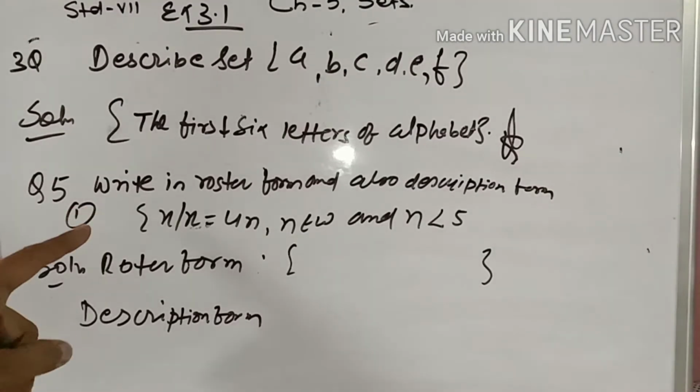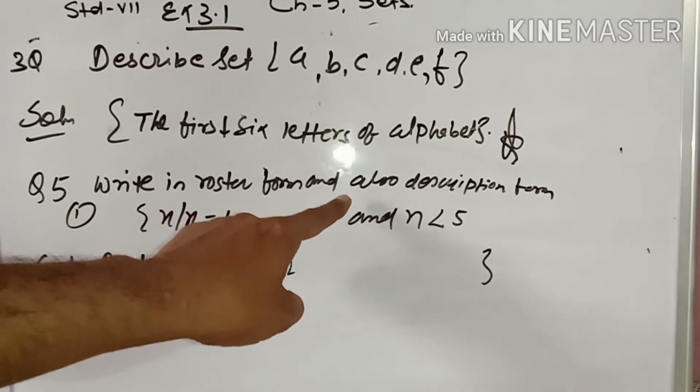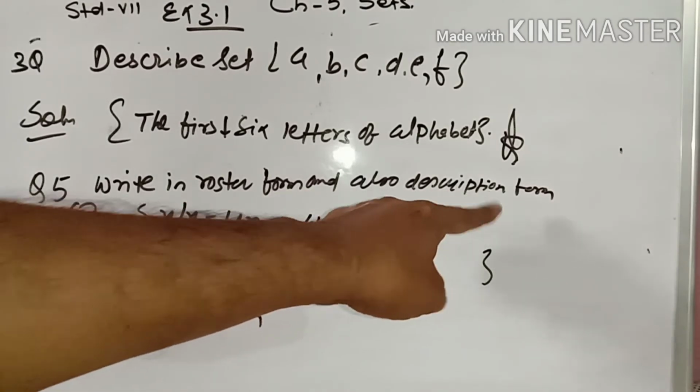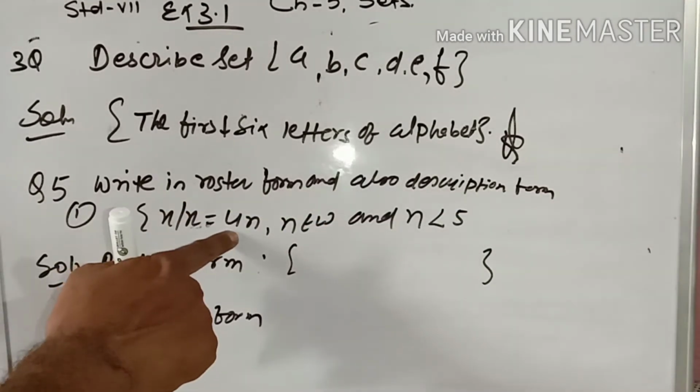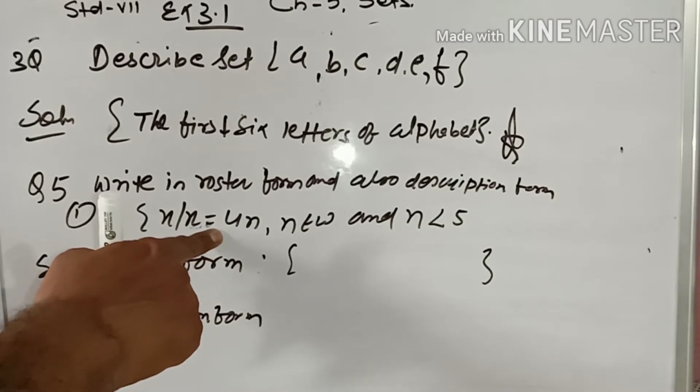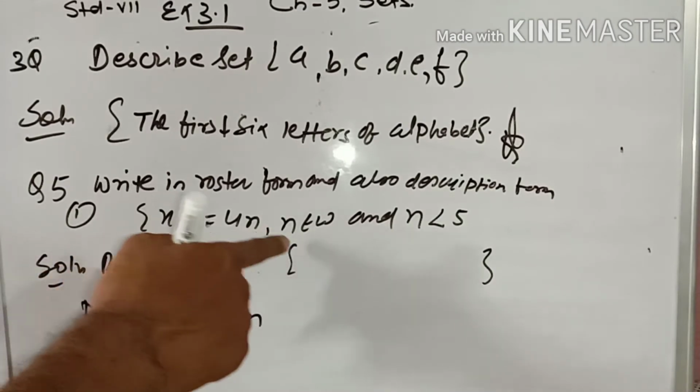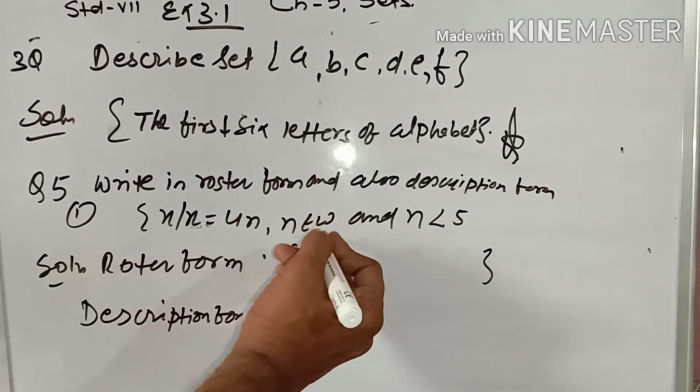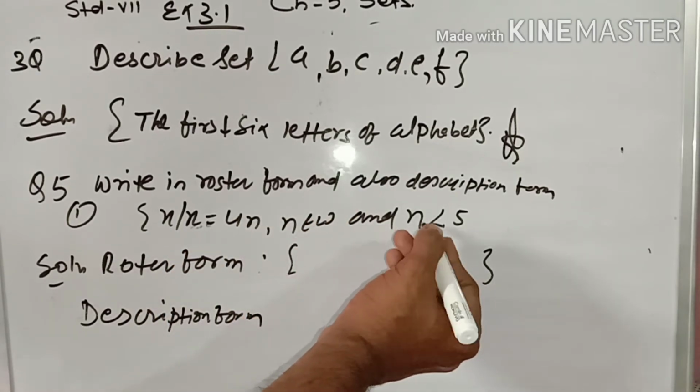Now question number 5. First it is written: write in roster form and also description form. X such that x equals 4n, where n belongs to whole numbers and n is less than 5.